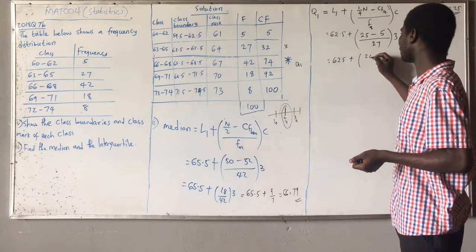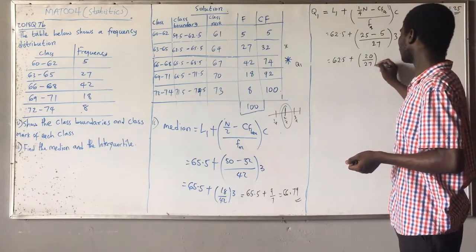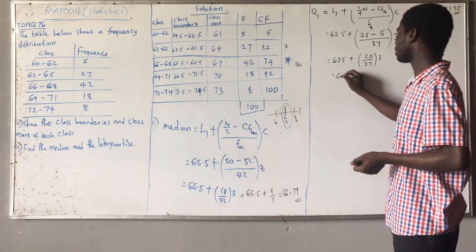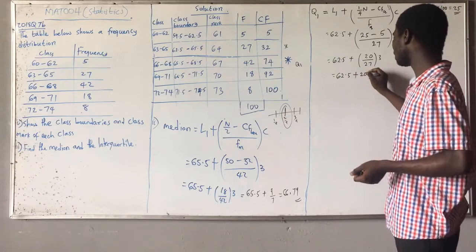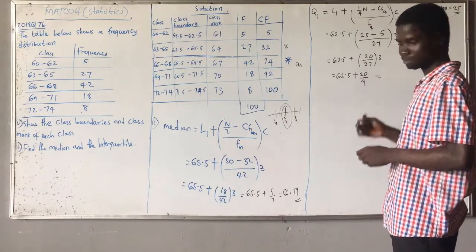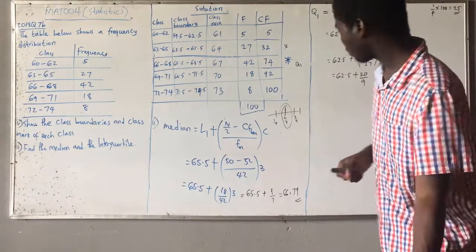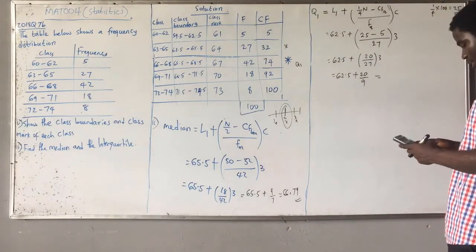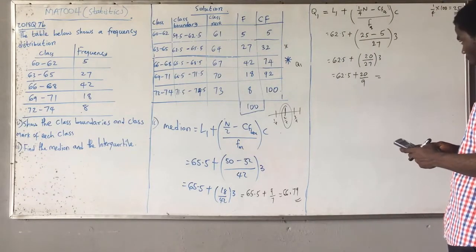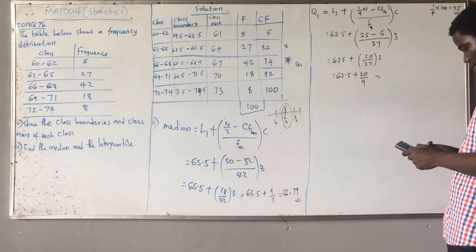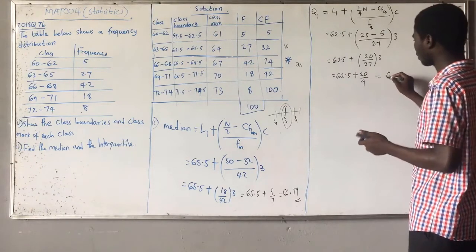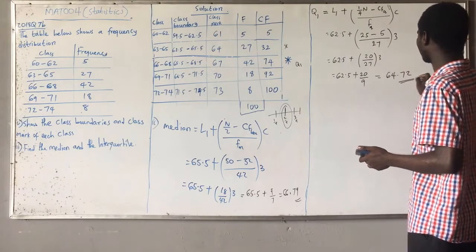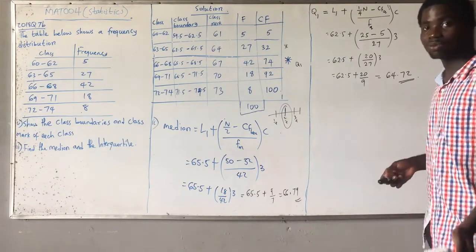So I have 20 over 27 times 3, which gives 20 over 9. So this equals 62.5 plus 20 over 9. The answer is 64.72. So that is the answer to this question.